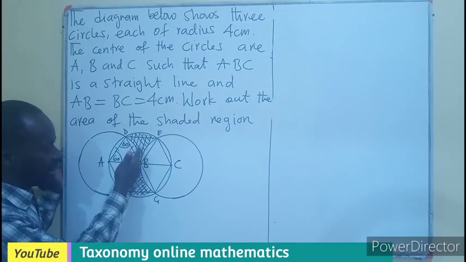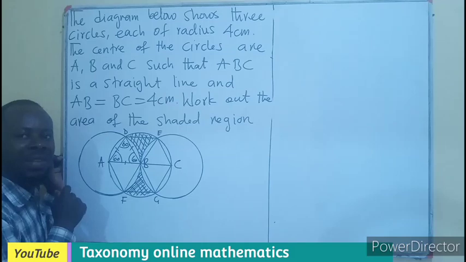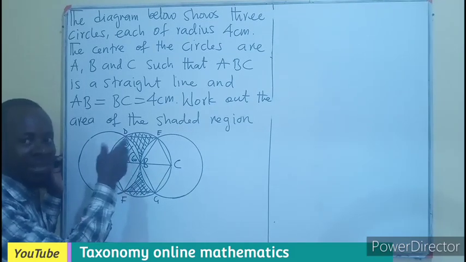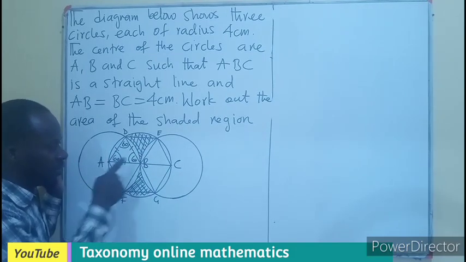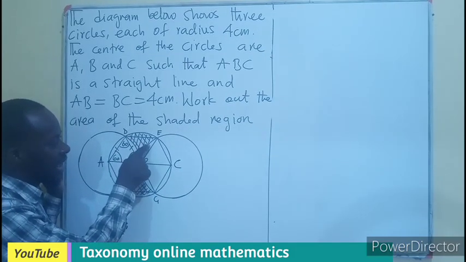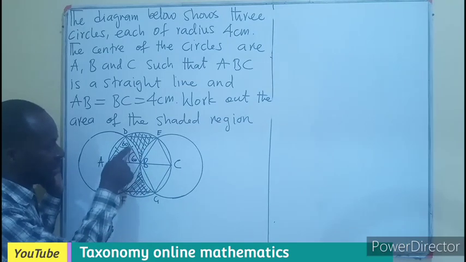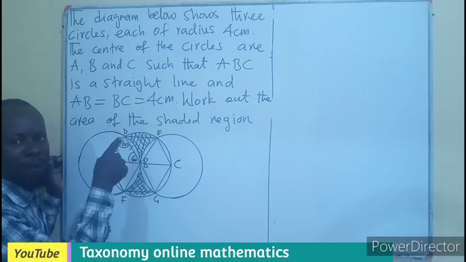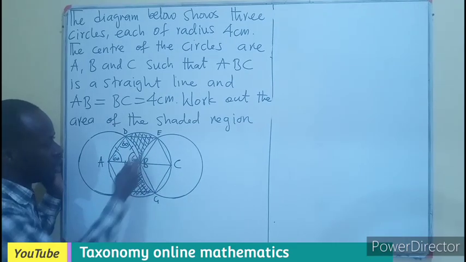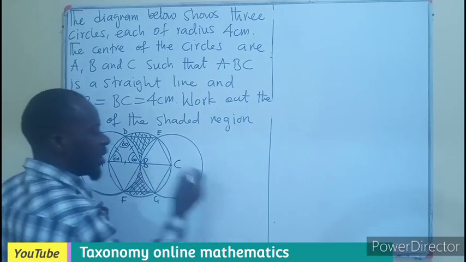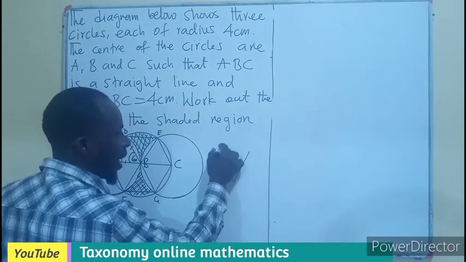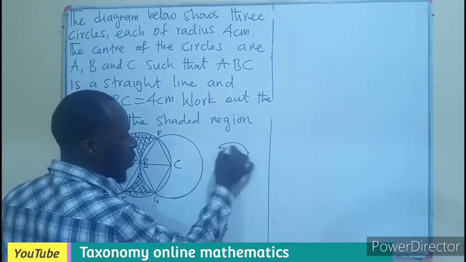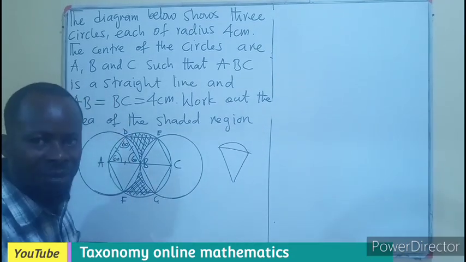Don't forget, this segment and this segment and this segment are the same, because they are all formed by the same radius, or the same chord, if I may say. A sector is a region between 2 radii and an arc. If you have an arc and a chord, you call that a segment.